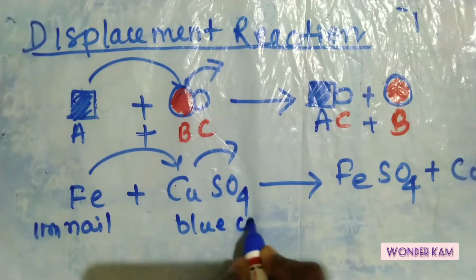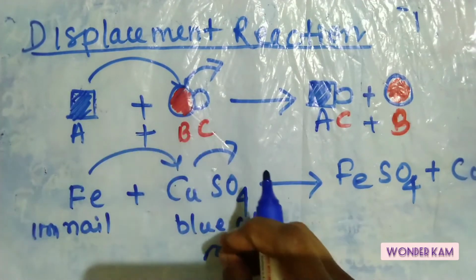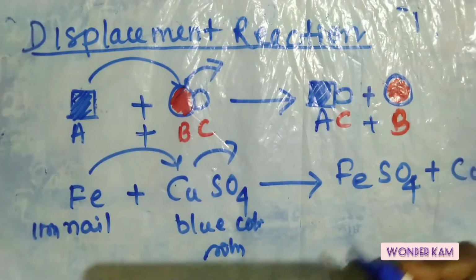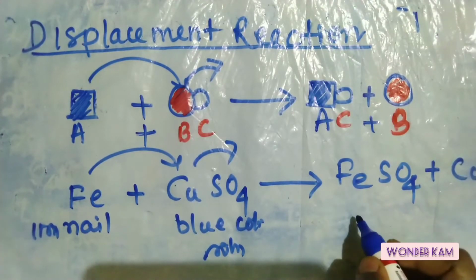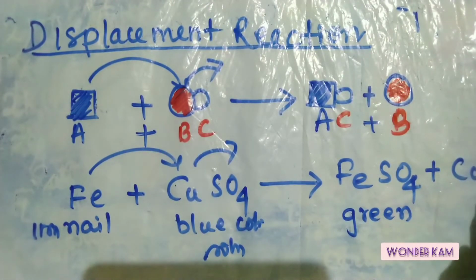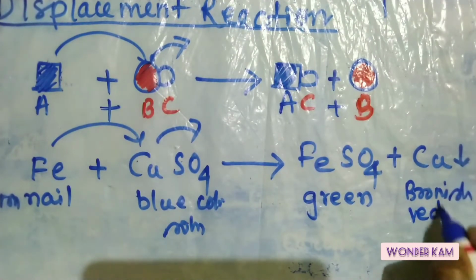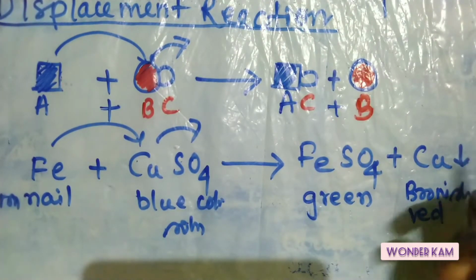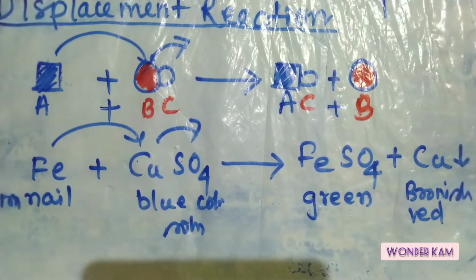When the iron nail is dipped in copper sulfate, after a while we will see that the color of the solution changes to green due to formation of ferrous sulfate, and brownish red powder is deposited over the iron nail. So this confirms that this is a displacement reaction. This is one activity you will be doing.